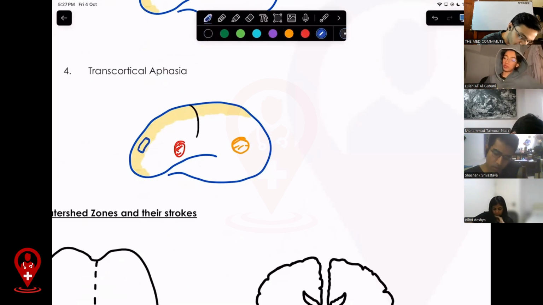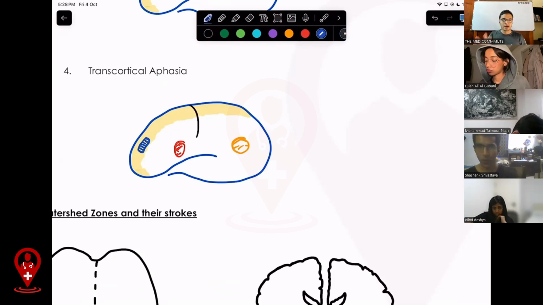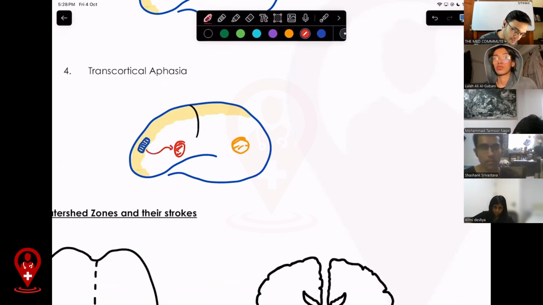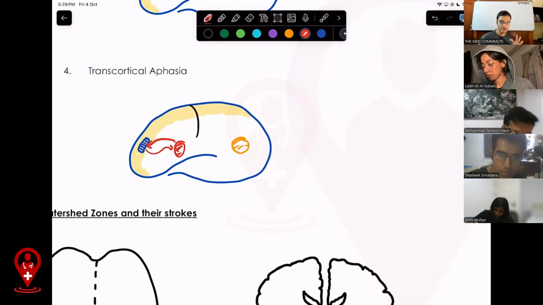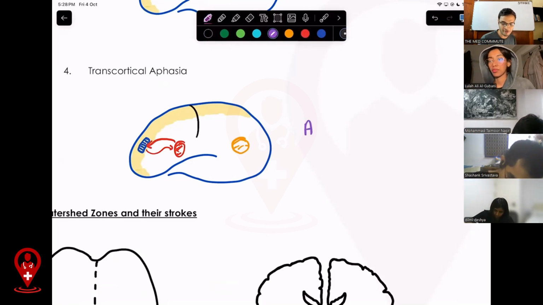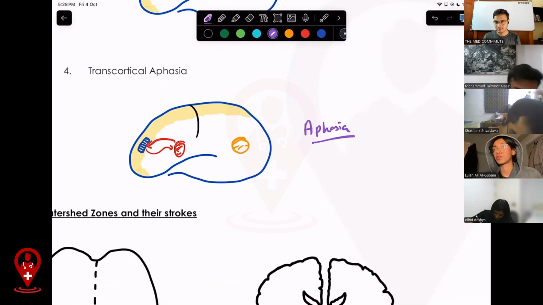Again, we are not going to mention the name within the ACA territory, right? It's actually in the supplementary motor cortex, right? No need to know. This one constantly communicates with Broca's area and helps with language processing, right? So when this area is involved, guys, they can also have aphasia, but the important thing is this area has nothing to do with language repetition, right?